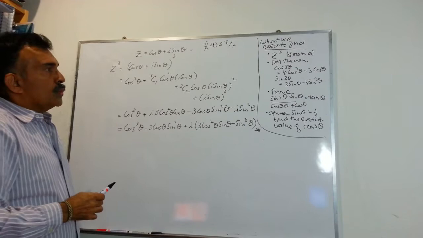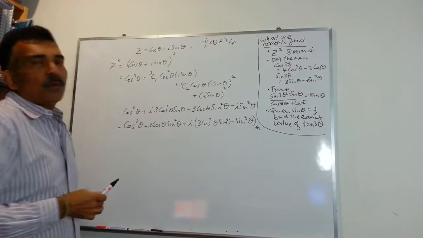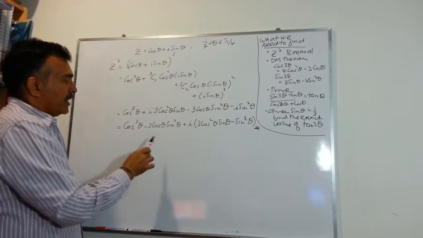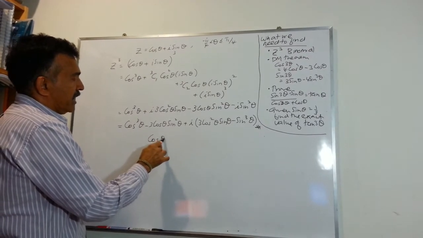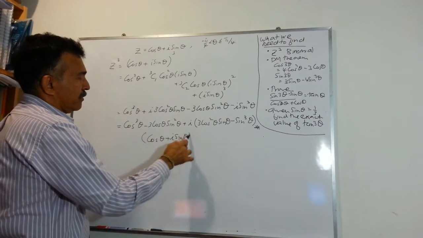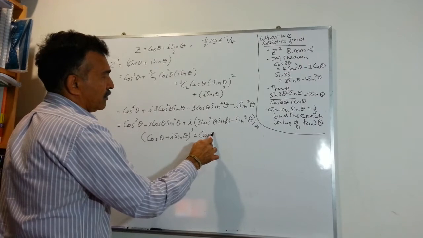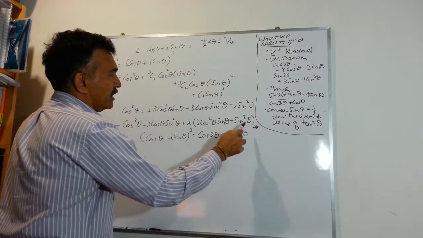Then the question goes on to say, use De Moivre's theorem to prove some identities. So let's start with cos theta plus i sine theta. Using De Moivre's theorem, to the power of 3 will be cos 3 theta plus i sine 3 theta.